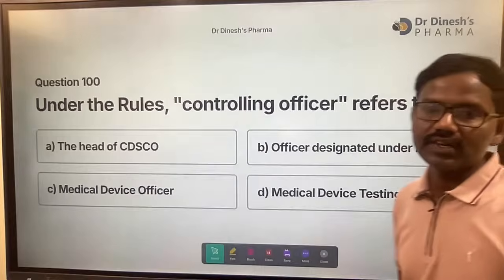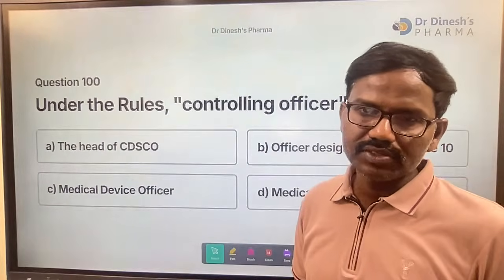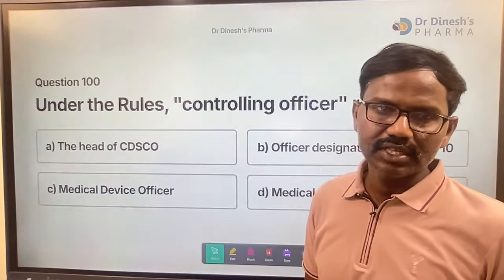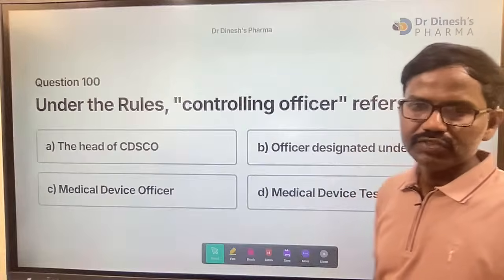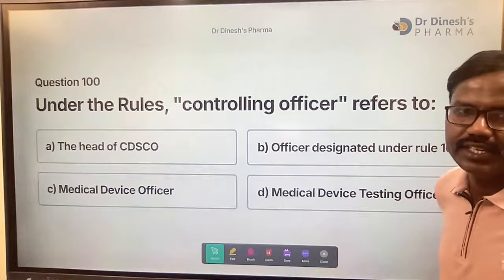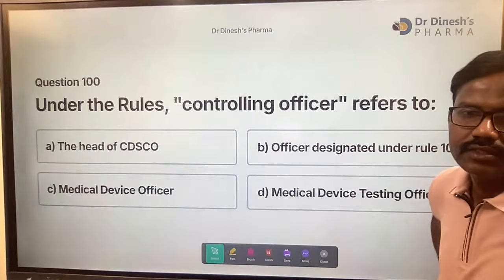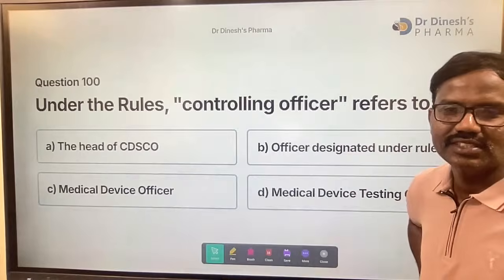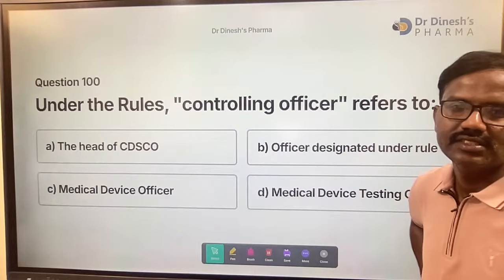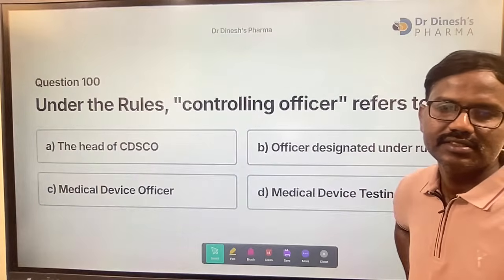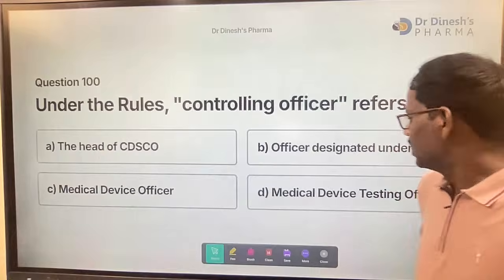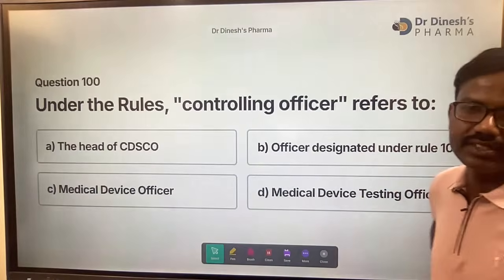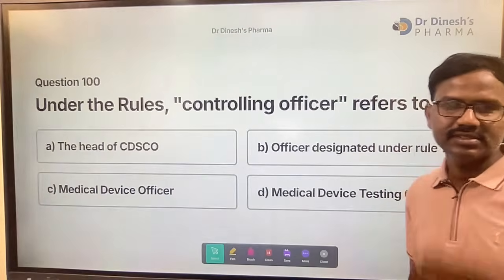Controlling officer refers to which one? A, B, C, D? I need your response.